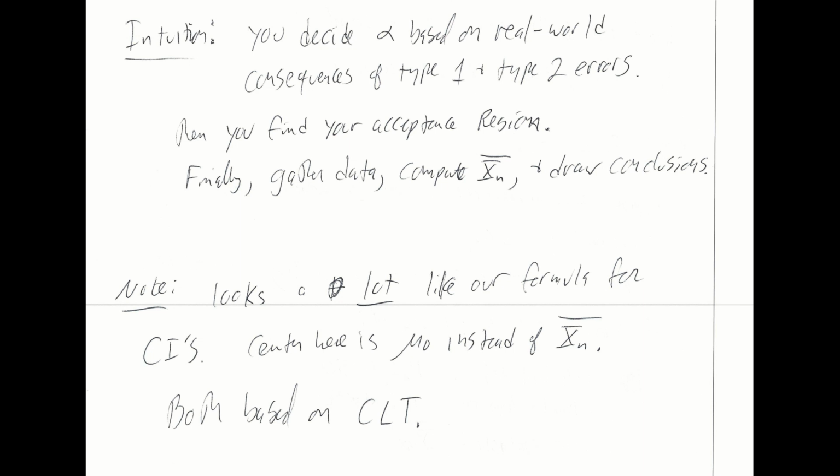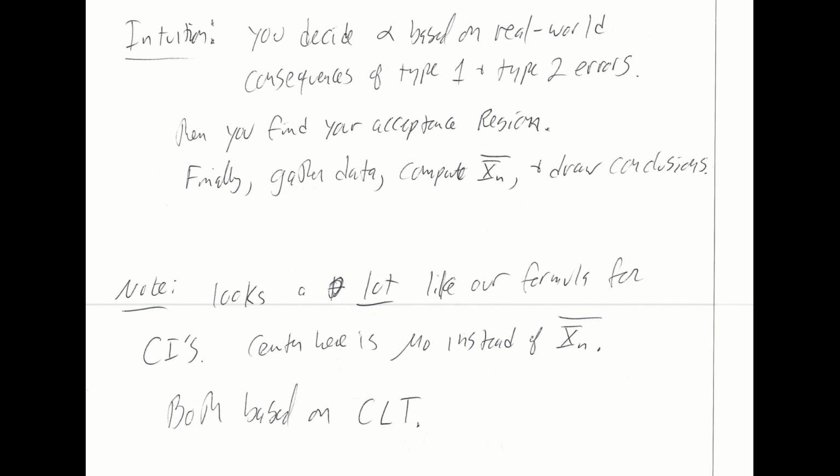It's also worth noting here that this formula for our acceptance region looks a whole lot like our formula for confidence intervals. The only difference, actually, in the formula form is that the center of our acceptance region is now the value for mu that is put forth by the null hypothesis.